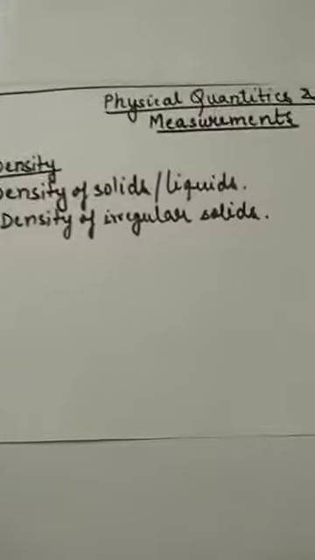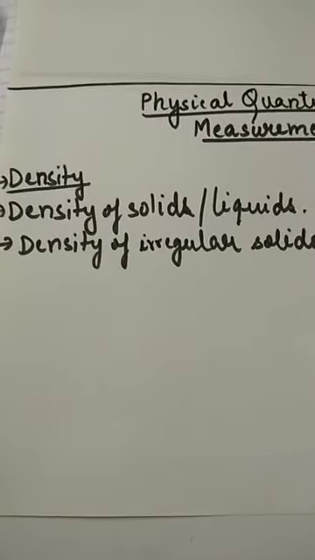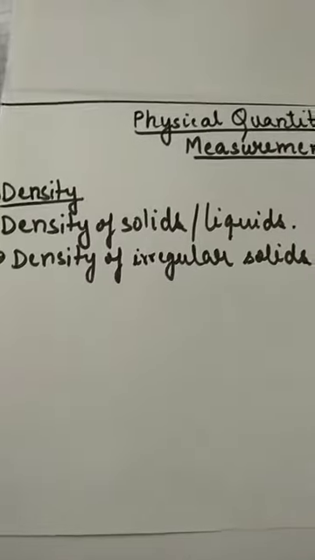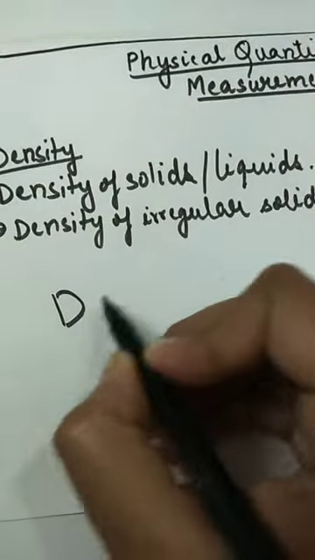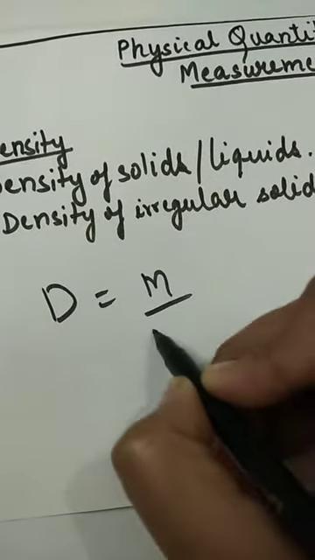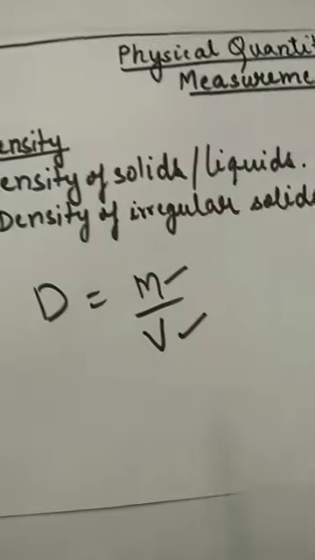Now the first part is density. We will first understand what density is. We know that density is something which involves mass and volume. How will we understand mass and volume?